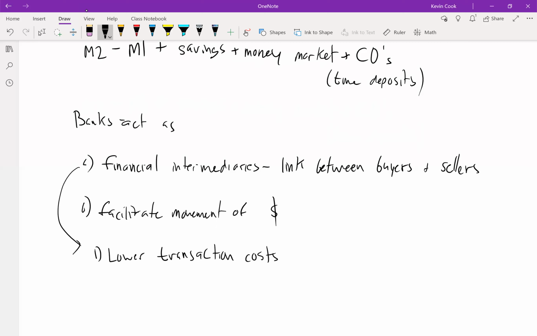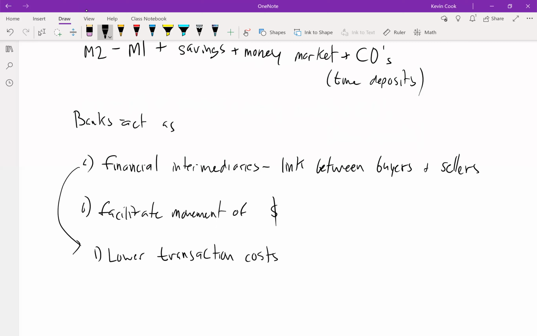So we have these lower transaction costs, but also if I'm looking to borrow money, instead of having to go around asking everybody in the world for money, I can just go to the bank and say, hey, I need $15,000 for a new car. Can you help me out? And they'll say, sure.